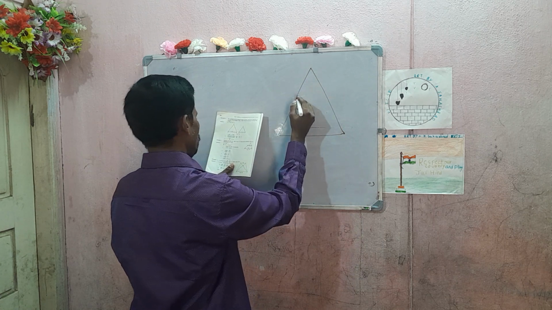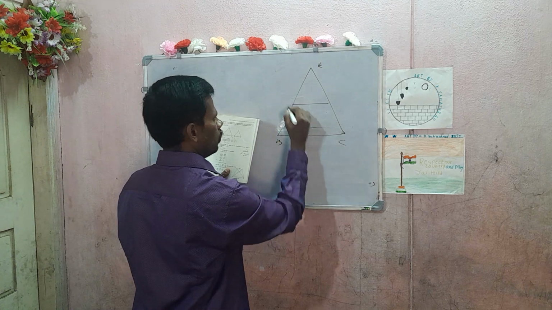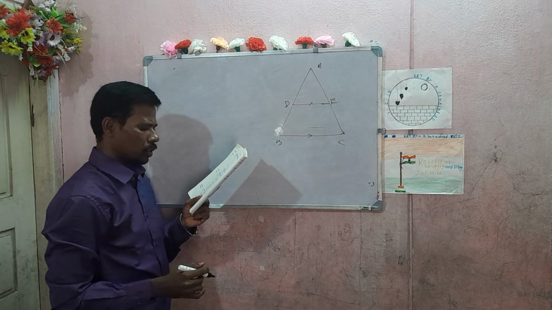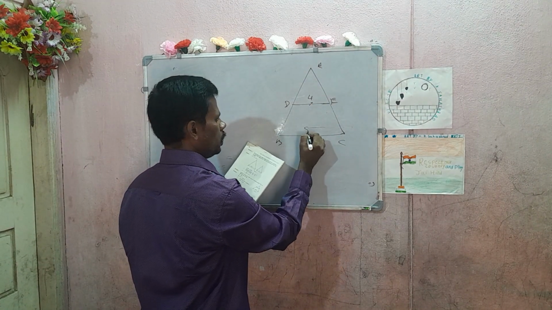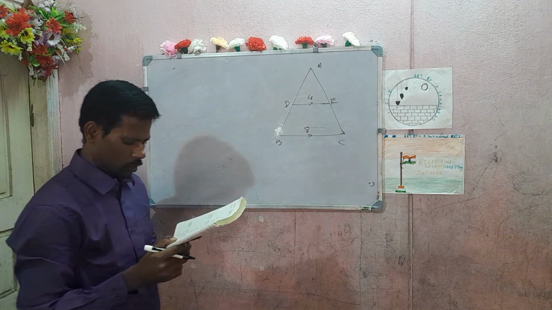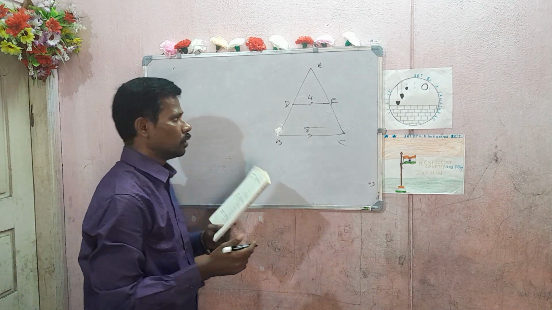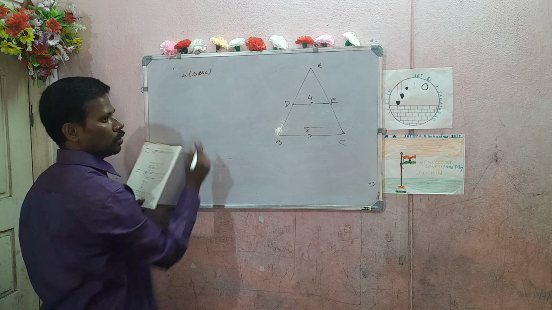In the figure, DE is parallel to BC, DE is 4 centimeters and BC is 8 centimeters. Find the area of triangle ABC.